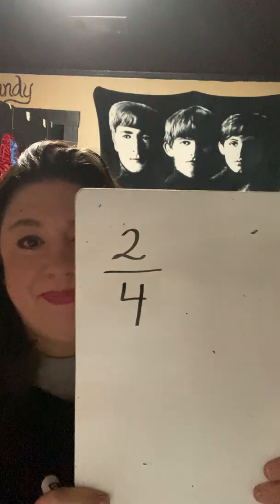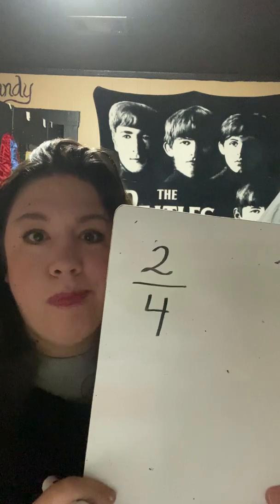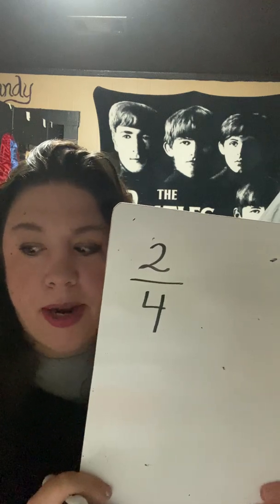But I said that if you divide by the same number on the top and the bottom, then it will also be an equivalent fraction. So what if we took 2/4 and divided both the top and the bottom by 2?